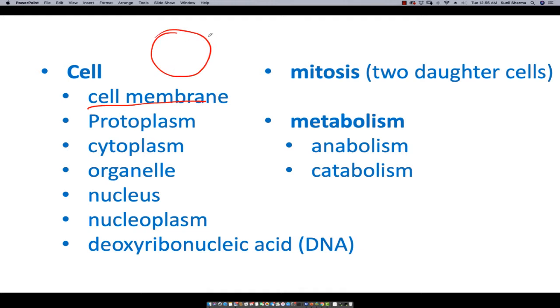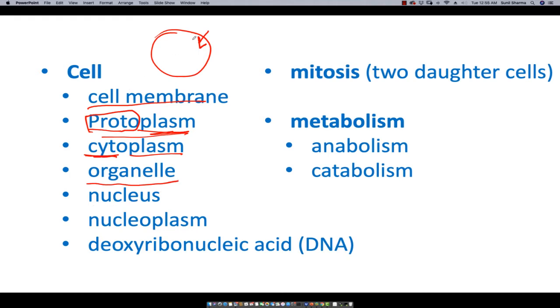And then inside is protoplasm. And part of that protoplasm is called cytoplasm, cell liquid. And proto, by the way, means life water. And cyto is cell. Then inside that we have organelles.